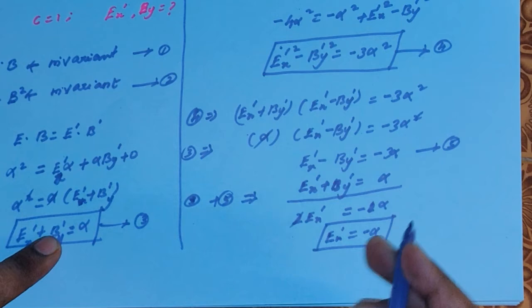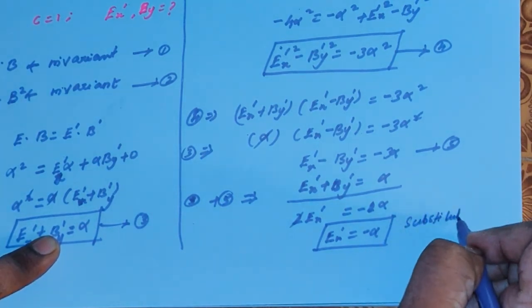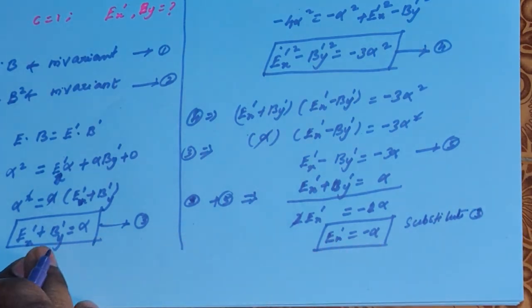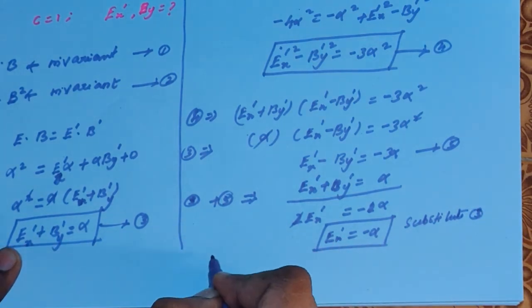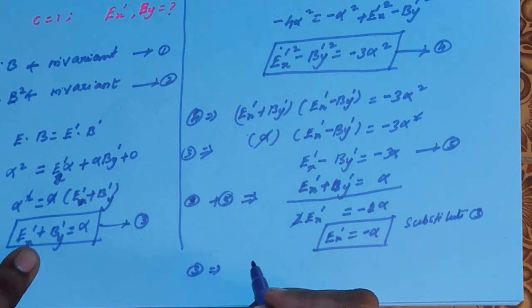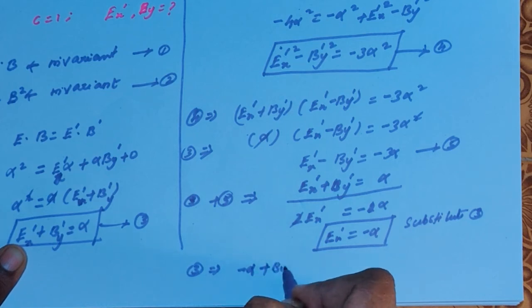I am going to substitute this one in 3. The third equation is Ex prime plus By prime equal to alpha. Substituting, it is minus alpha plus By prime equal to alpha.